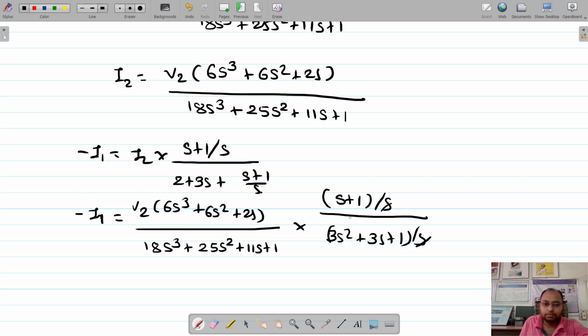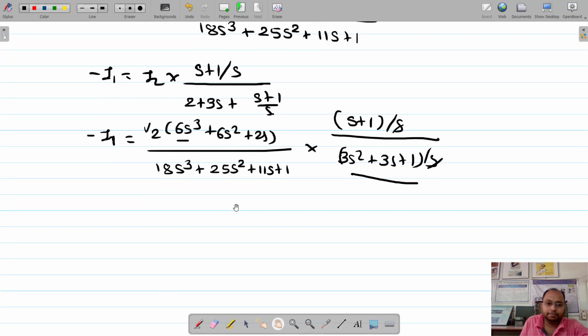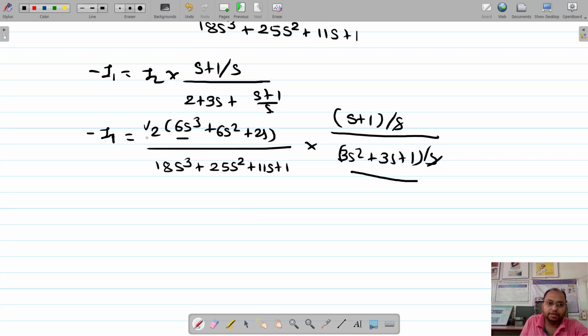If I take 2s common from this bracket, I can cancel out this term. So let us do that and take V2 to the left hand side. So minus I1 by V2 is equal to, let us take common 2s from this term, 3s square plus 3s plus 1.